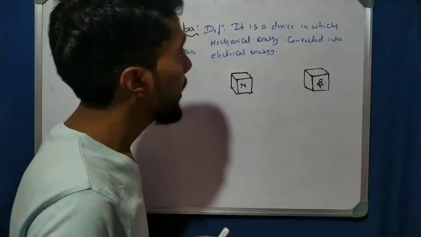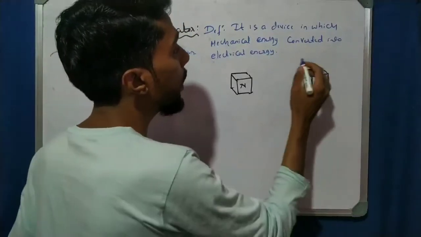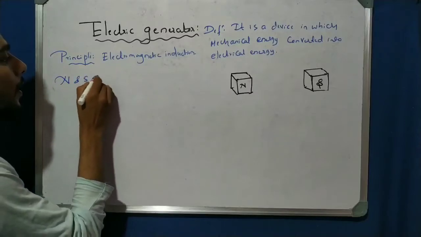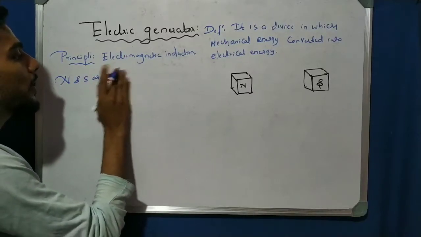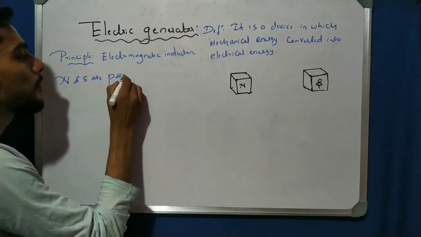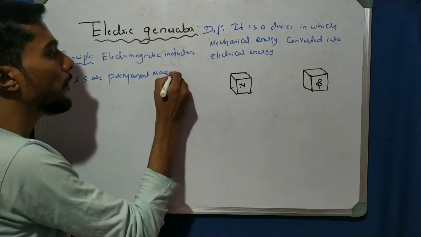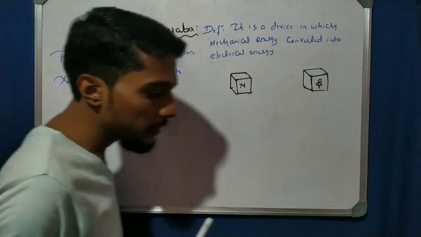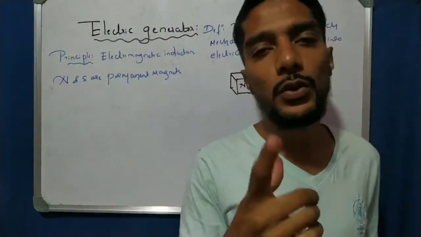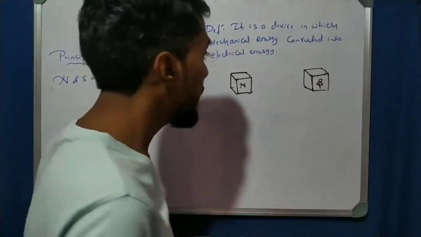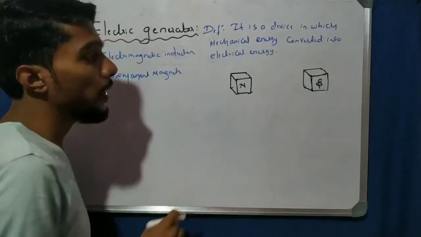That is very important. Here N and S are permanent magnets. But commercially, we use electromagnets. Here it is permanent magnets.